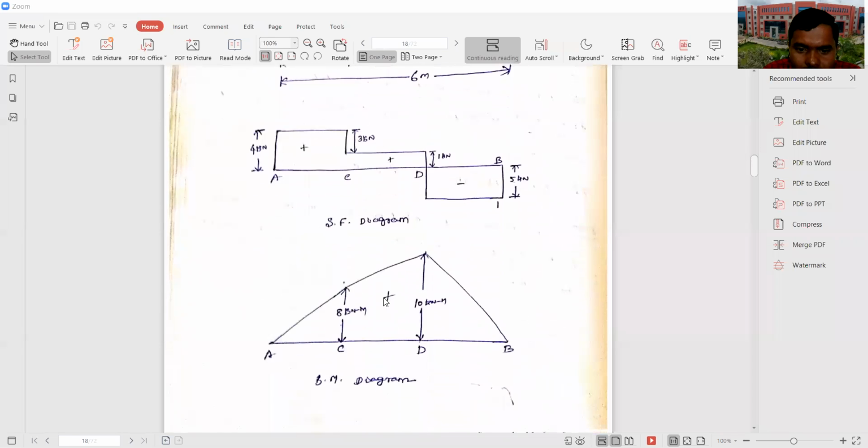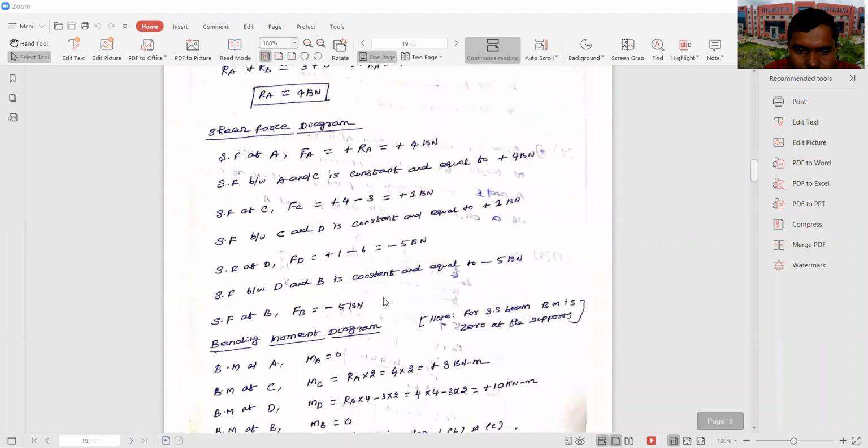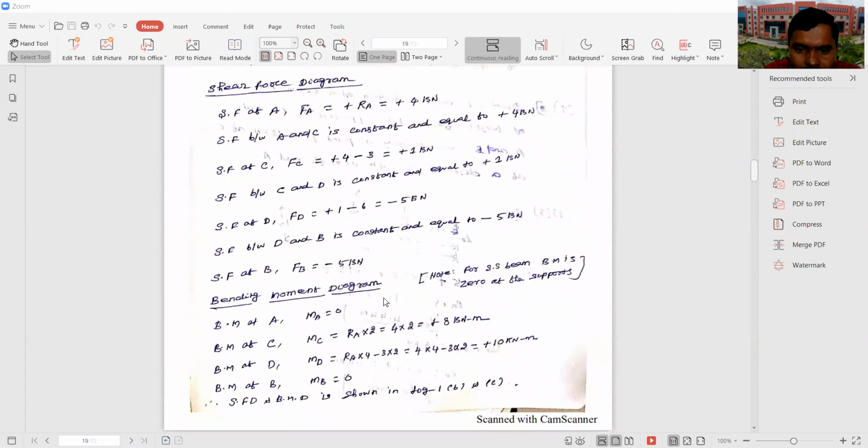Then you need to calculate the bending moment values. In a simply supported beam, the bending moment is 0 at the support. If you take the section at point A, the distance x is equal to 0, so moment at A is equal to 0.